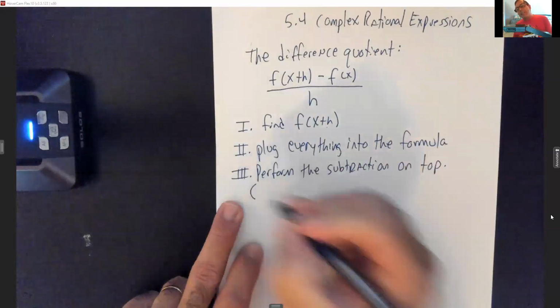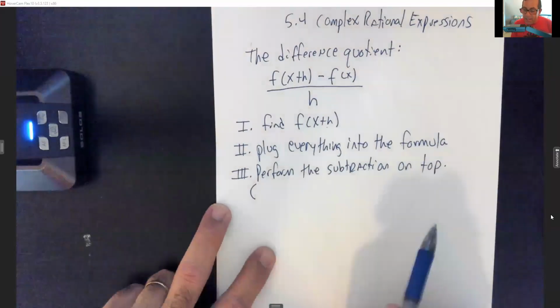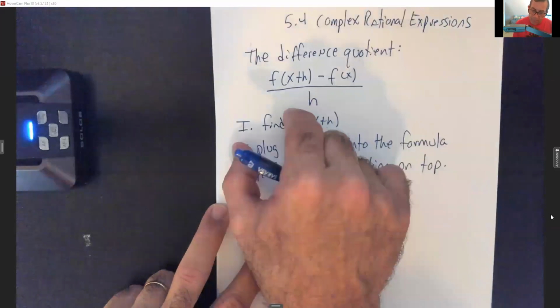Now, here's what's nice about this formula. When you perform the subtraction, everything in the second parentheses will cancel with the like terms in the first.